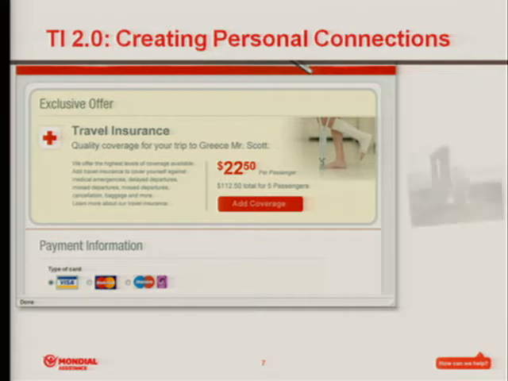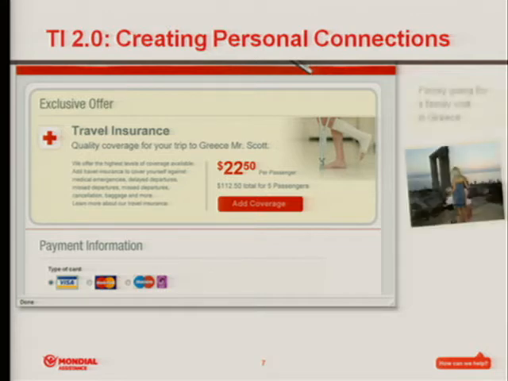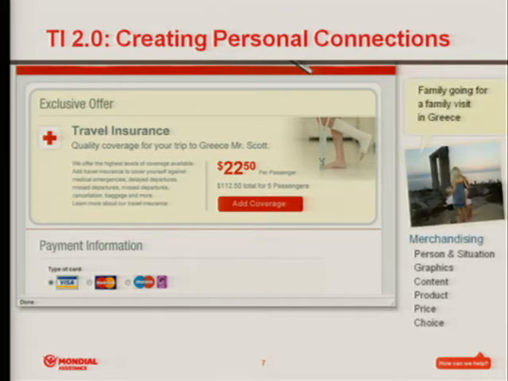Okay? So what we did was we decided, let's build the technology that will allow us to connect with each of those different types of people in a much different way, to make it much more dynamic. So that family going to Greece, we have information that's coming over from our partner, non-personal information, but we know where they're going from, where they're going to, what class, how much they're spending, how many people they're going with.